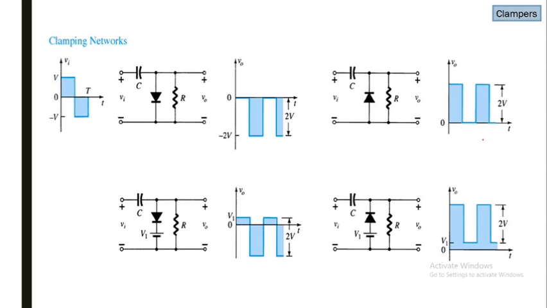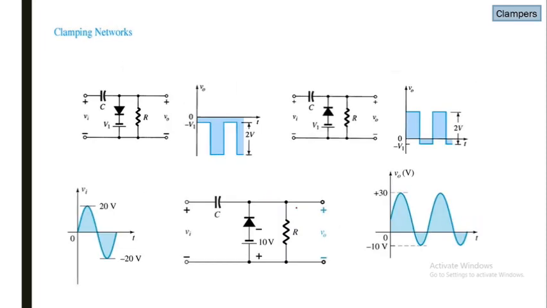You can see different circuits and their biased versions also. Biased means we have DC voltage source or DC battery attached to the branch of diode. You can try by applying the input signal to these circuits and verify the output signal. Here are the examples of negative clampers, where we apply the input signal and DC value is clamped to negative side.